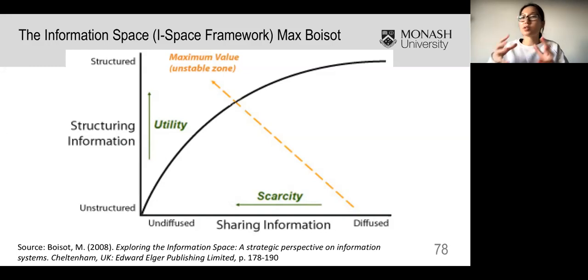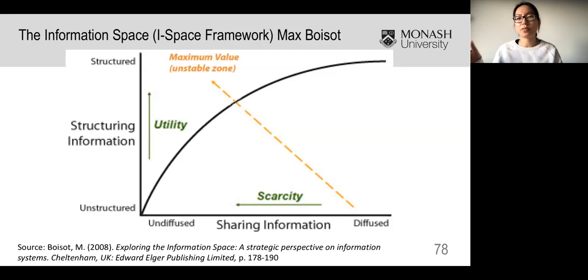But if it's unstructured, you can't explain the process to other people, and you can't use that information. And horizontally, if the information is undiffused, that means you don't share information with a lot of people, but that would also mean not many people can use the information. So utility would be 0.